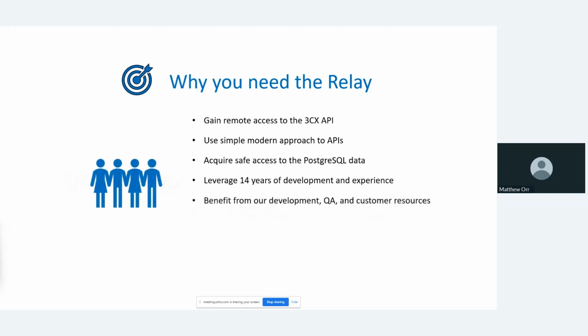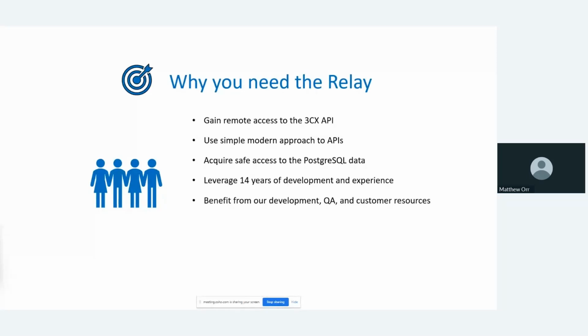You also get the benefit of the fact that we have commercial products out there that are being used in, I don't even know how many countries now. The last time I checked, a couple of years ago, we were over 90 countries around the world and a couple thousand customers. So a lot of people are out there testing our code, as well as our internal developers and QA department testing our code.